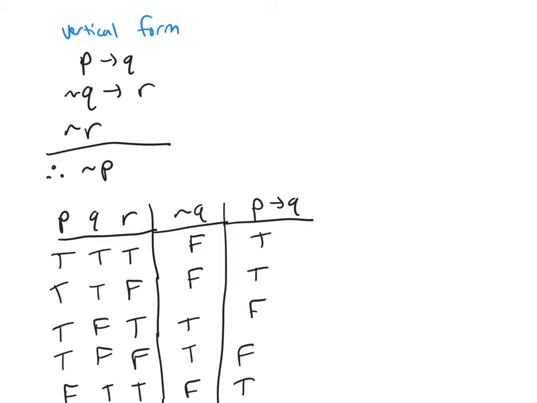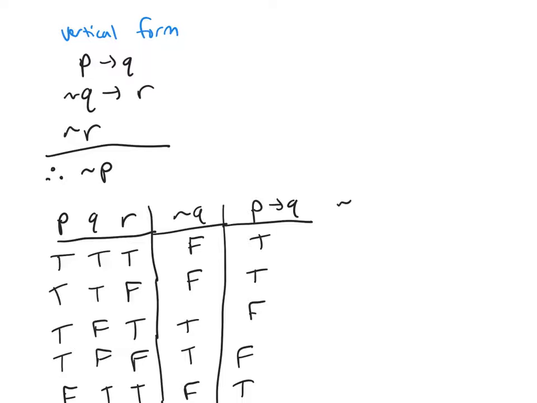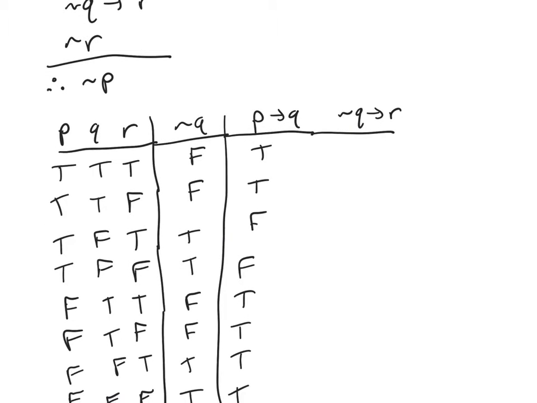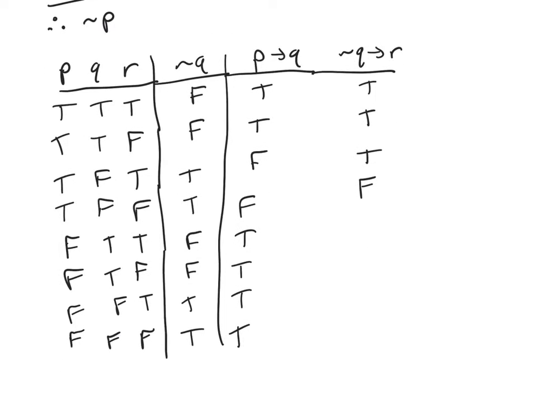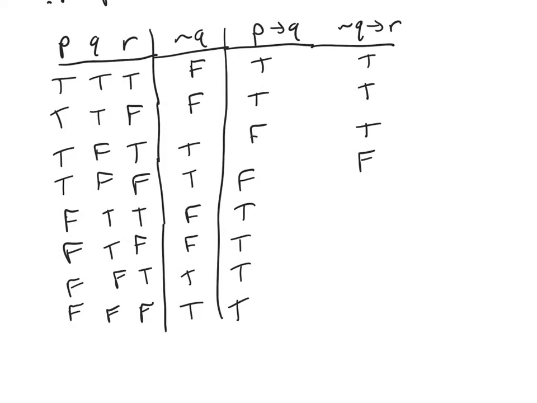And then my second premise is not Q implies R. So the first two are automatically true, and then I get a true and a false. And then I get another automatically true, a true and a false.